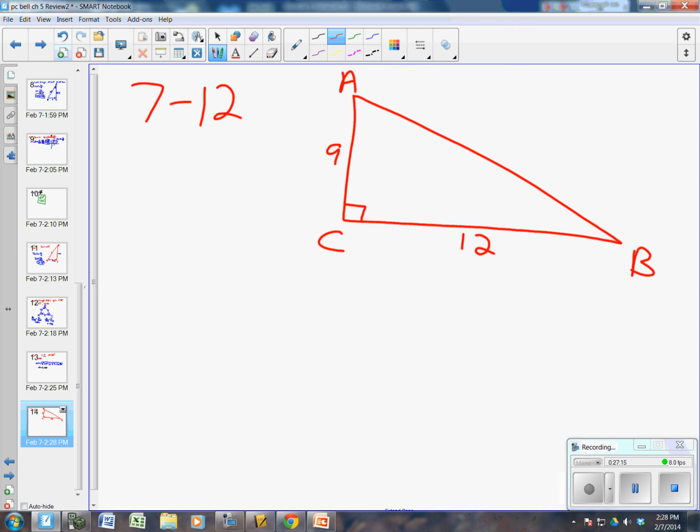Okay, that's problems 7 through 12. We'll use that diagram. Problems 20 through 21 are going to use this diagram right here.